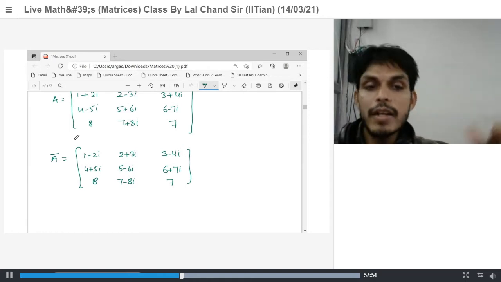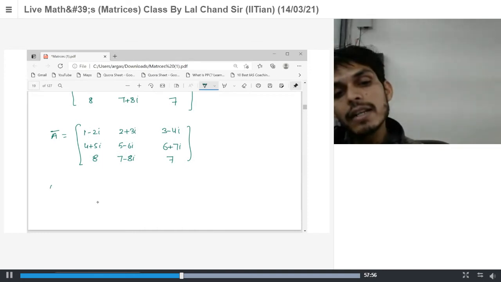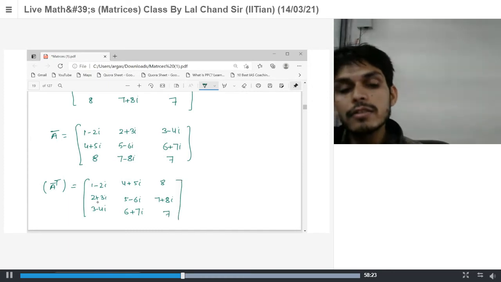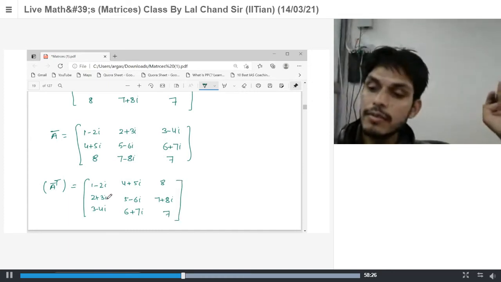If I take the transpose of the conjugate matrix, then I have this arrangement. This is the transpose of the conjugate matrix.